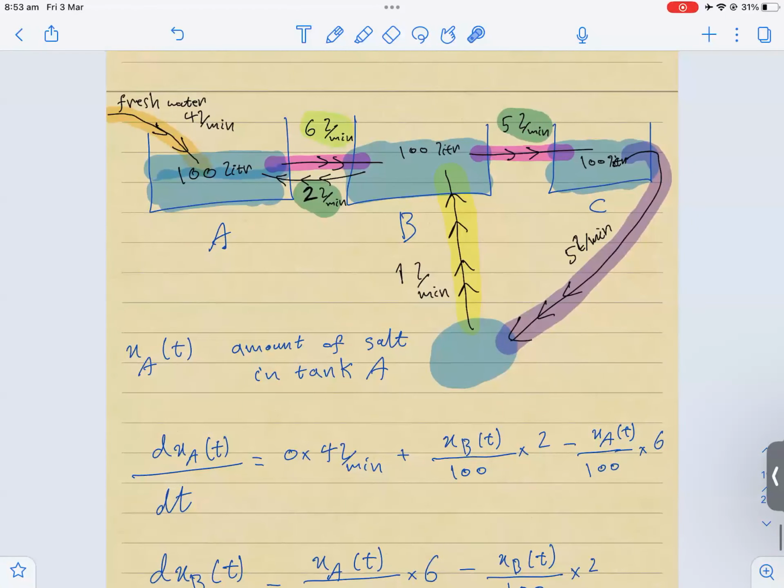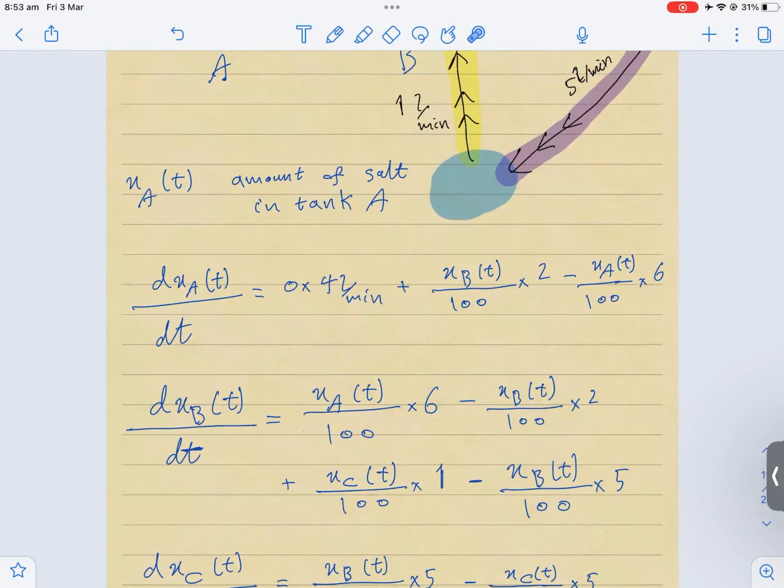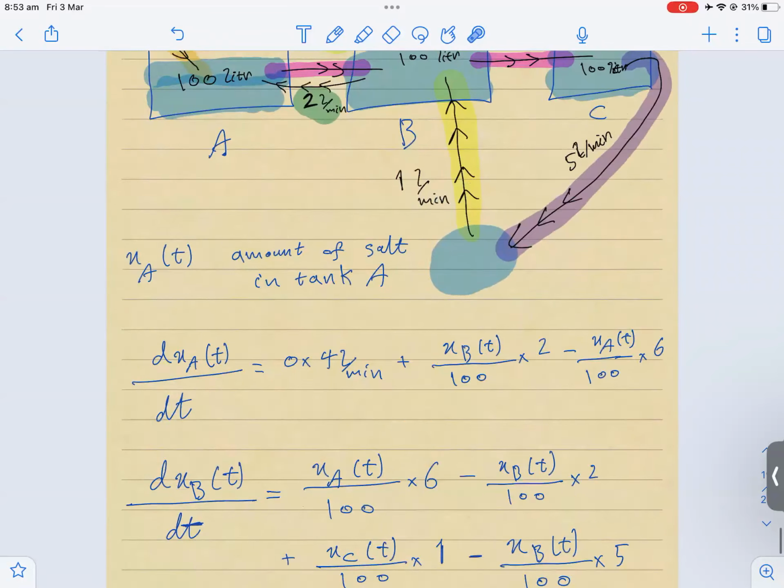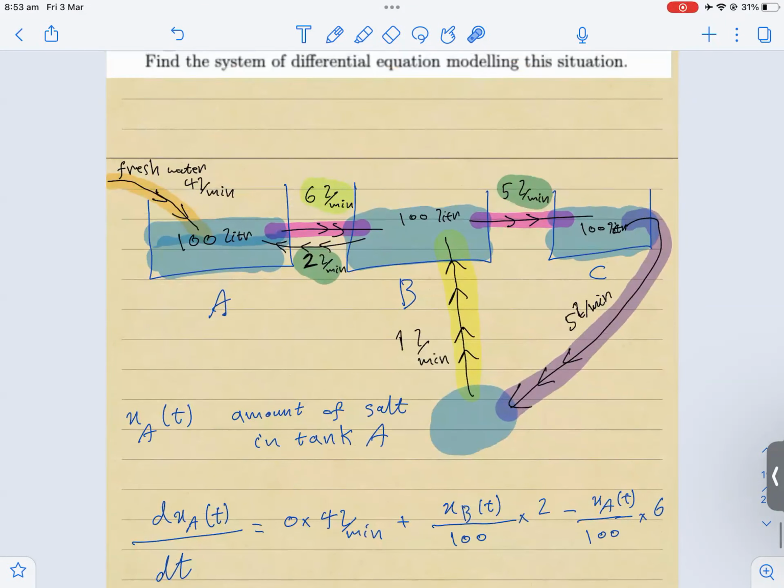So for tank B, 1, 2, 3, 4, four expressions I have, and accordingly you can figure out what's going on. Tank C is the lazy one: 5 liters coming inside and 5 liters going outside.